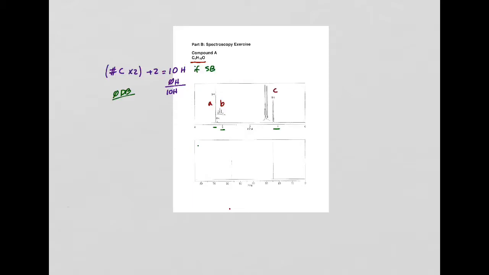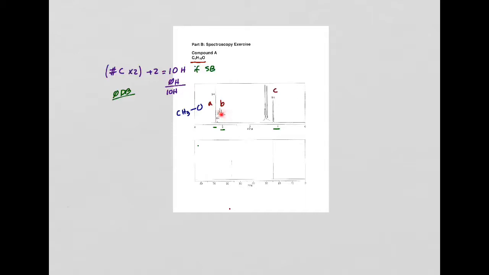So this peak over here is probably a CH3, since I have 3 hydrogen, and it's probably attached to an oxygen, because this is the most downfield peak we have. So far, so good.